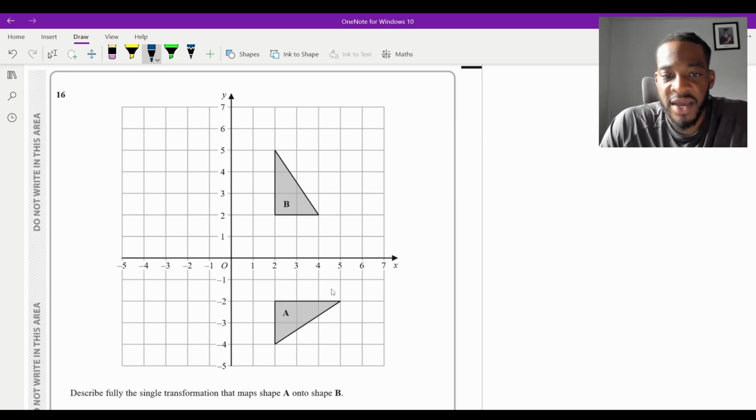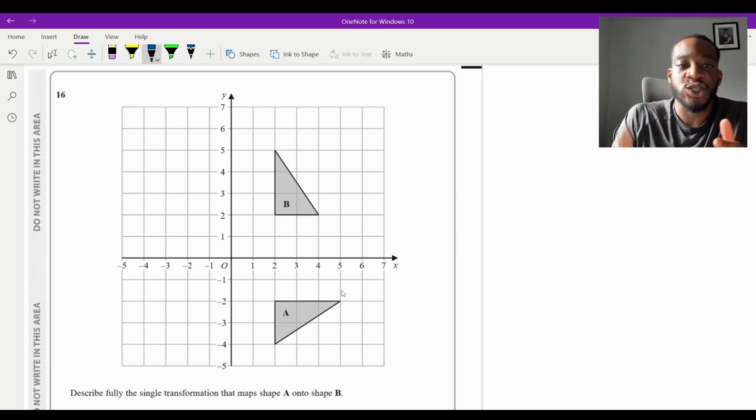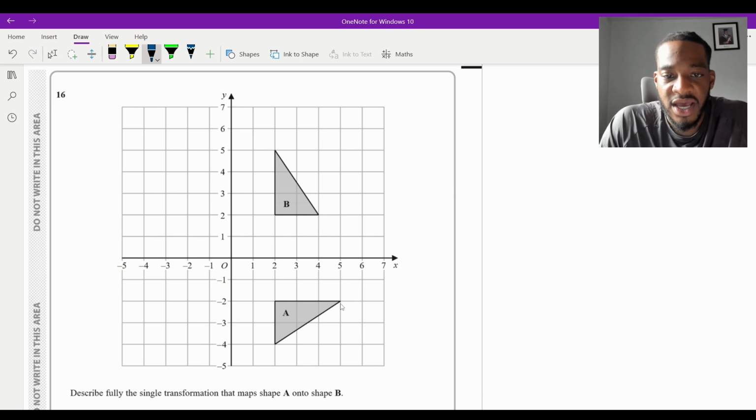We're looking at shape A, and we can see that the orientation of it has changed in terms of it's been rotated, isn't it? Right? Now we can see that this top part on A has now gone here, and then this one has gone here, and then that one has gone there. So this has definitely been rotated, and it's 90 degrees, isn't it?